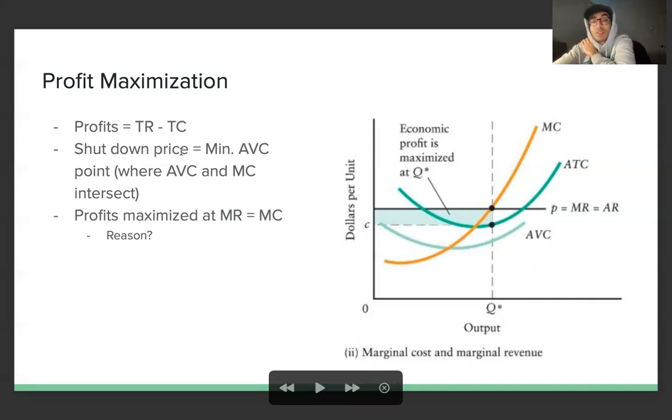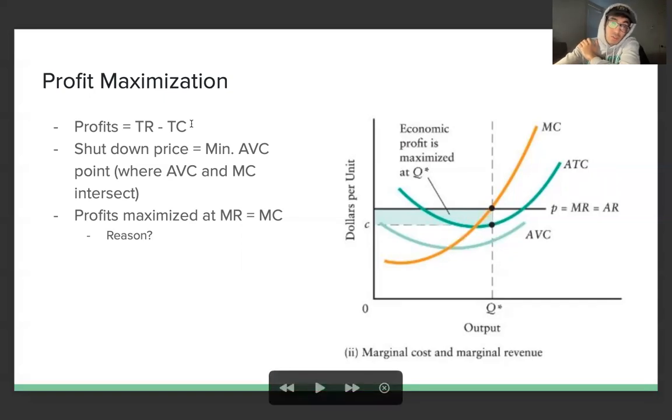Shutdown price is just the price at which at least all the average variable costs are met. So this point right here, that's the shutdown price, because you would not want to be below the point where you're not even able to cover your variable costs. And then what's the actual amount of profits here?